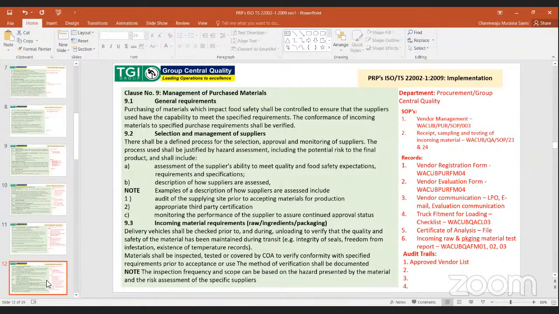So we have a truck fitment for loading where we check the condition of the truck that is bringing material in and also the one we use to take material out of our premises. I said we have a certificate of analysis that is coming with all raw material. We have the incoming raw material and packaging material report, for verification.